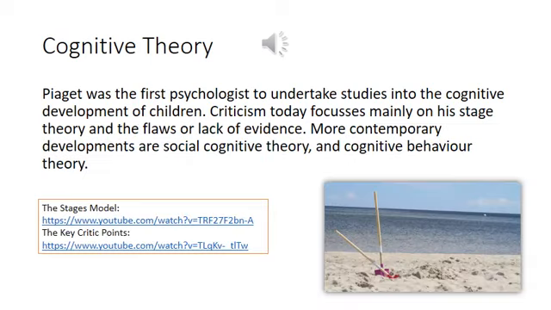So in cognitive theory, which is the next theory that has a bit of a history to it, I want to introduce very quickly Piaget's research in cognitive development of children, and he was actually the first one who did a massive longitudinal study about that.